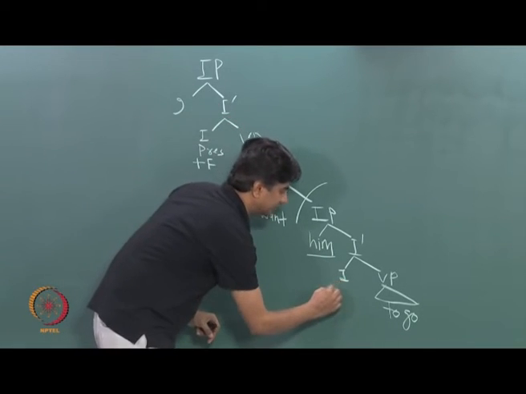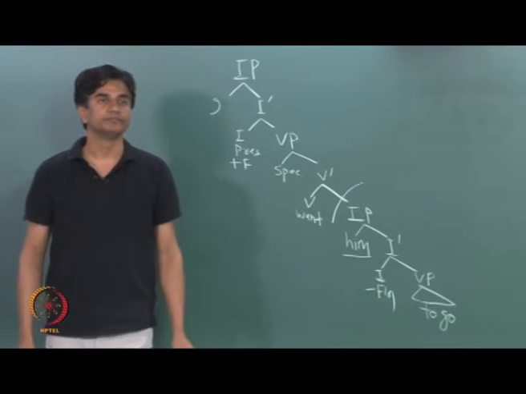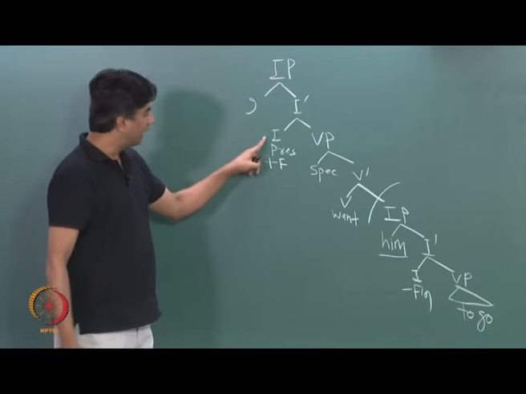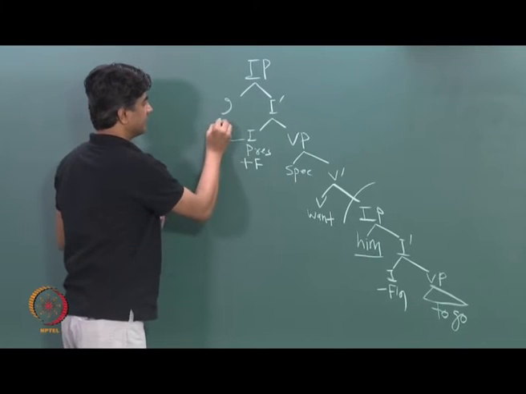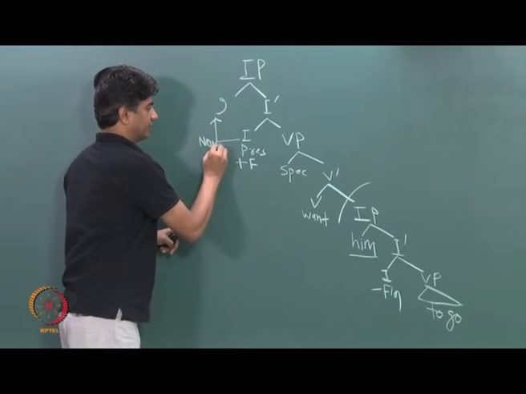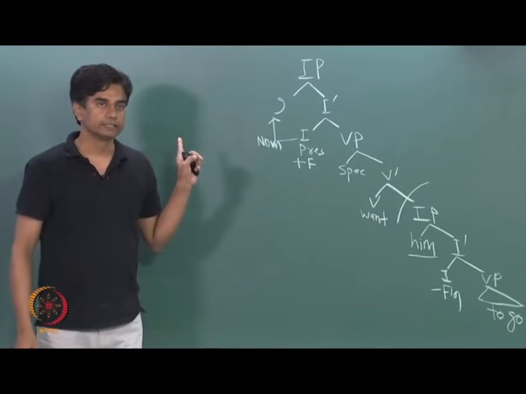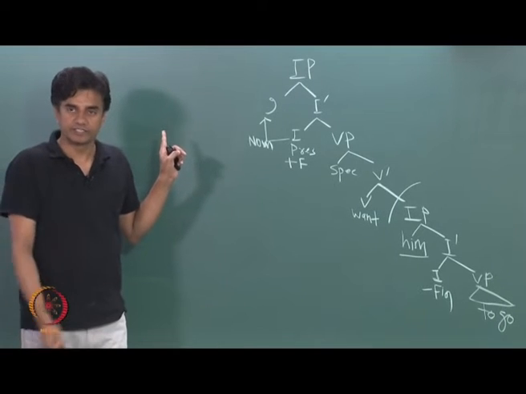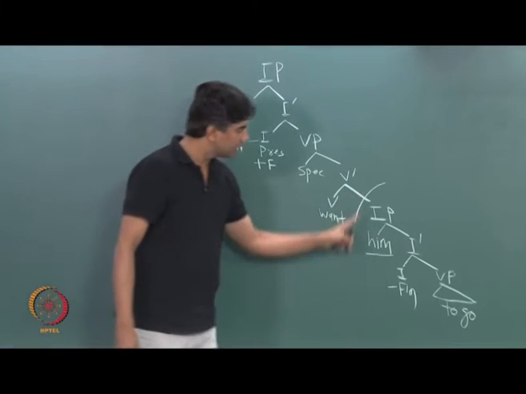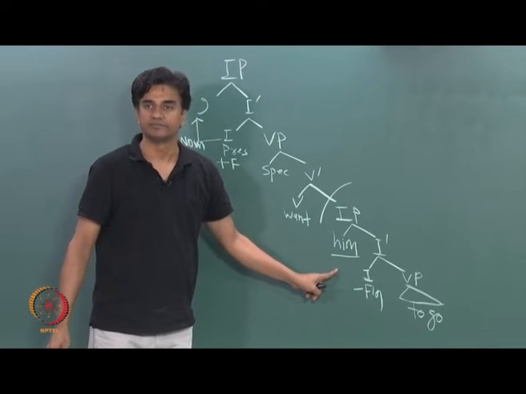Interesting thing is, this happens to be a non-finite sentence. Now, we are saying I assigns nominative case to the subject, right? See this thing? We have just discussed this. Here, we have another IP where we do not have nominative case.